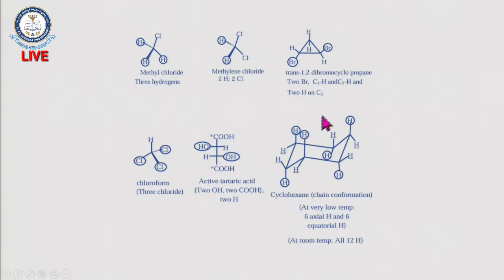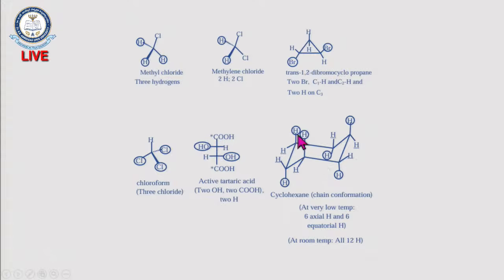There are 12 hydrogens attached on this cyclohexane conformation, and these 12 hydrogens are equivalent and the same at room temperature.